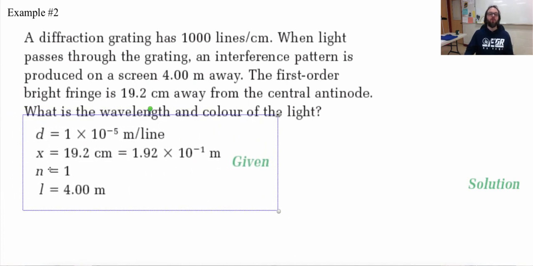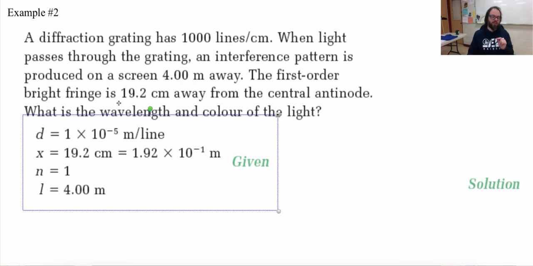So first here, we know my distance D, remember, we have to go 1 divided by that and then convert it to meters per line. So we have to take the reciprocal of this and then convert it to meters, so we divide it by 100. Okay, so we change this to meters, and then we take the reciprocal. Now, we have 19.2 centimeters, which is 1.92 times 10 to the -1 meters, is my distance between each node there.